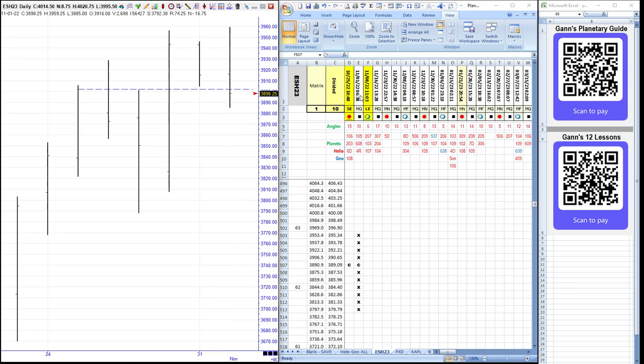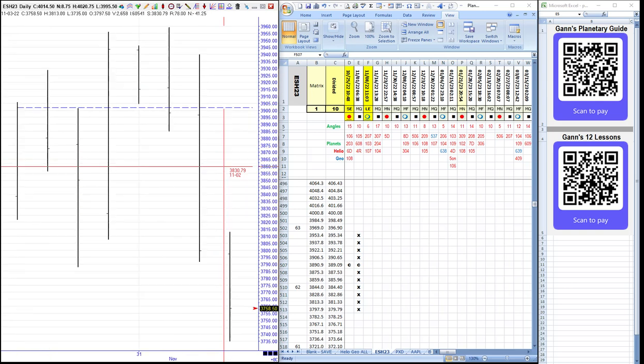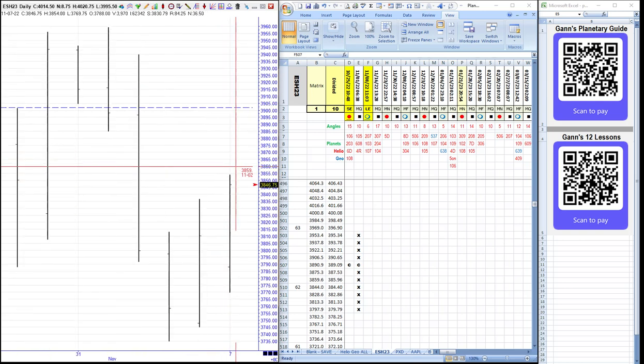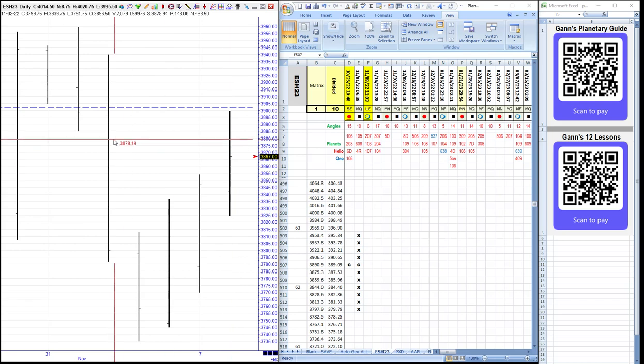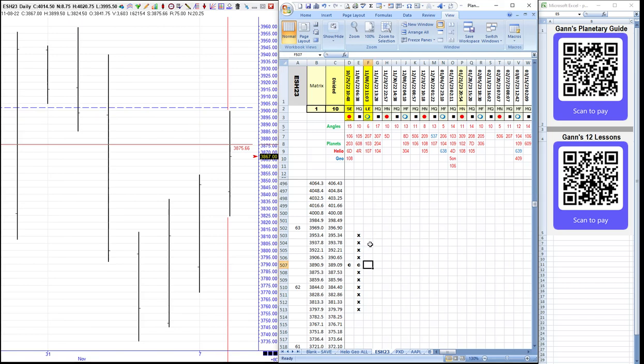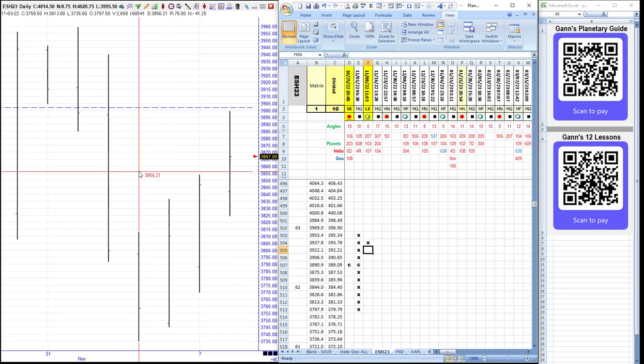The next range will be November 1st to November 8th. So it's this range right here, November 2nd to here. So the high was on the first day, 39.39, and the low was 37.35.